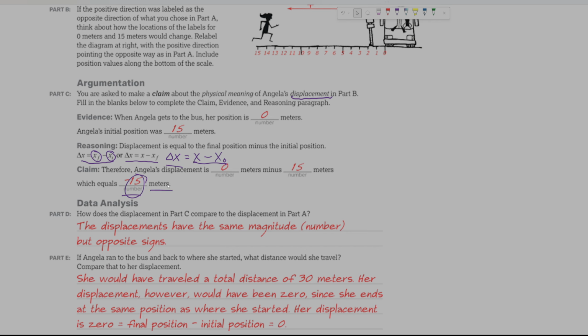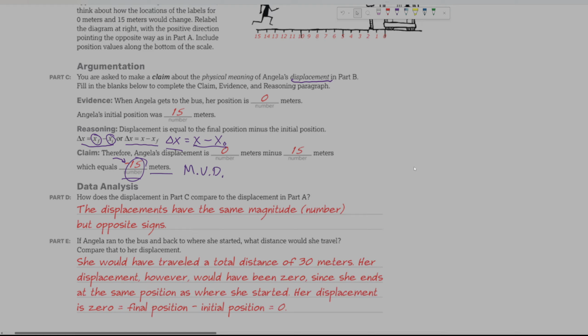And the negative is actually indicating the direction. So we have our MUD, magnitude, unit, direction, for when we give answers that involve vectors: magnitude, unit, direction. And that negative is the direction, more or less in this case.